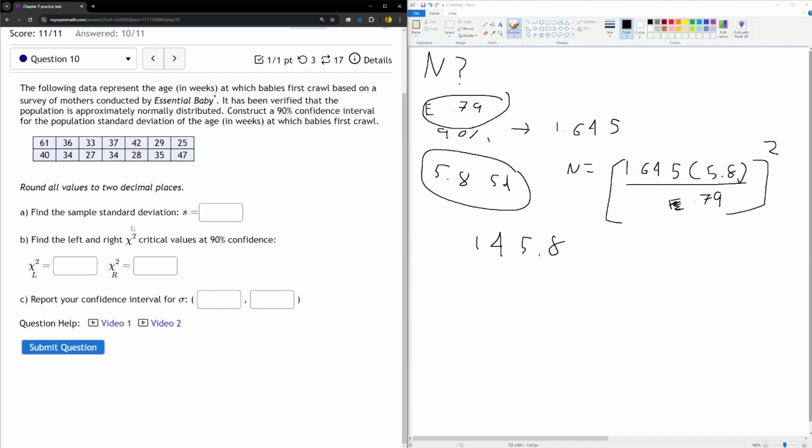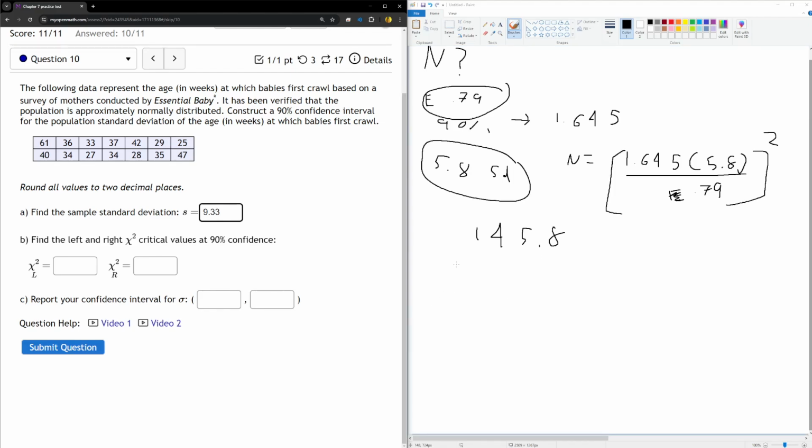Amazing. Does it give us everything though? No. Cool. We have to do that manually. It did give us our sample standard deviation of 9 point, it wants 2 decimal places, 33. Cool. Let me write down what it gave us. It gave us our X bar of 36.286.